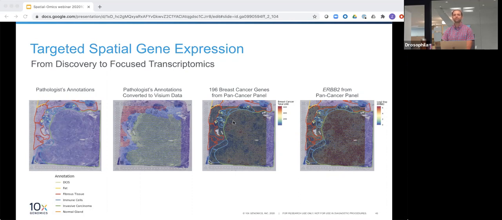And you can see that these genes are very highly expressed within this region that's been annotated as invasive carcinoma. You can take that a step further and look at this classic breast cancer marker ERBB2 and see very high gene expression again in this region that's been identified as carcinoma. All at significantly decreased sequencing depth from what you would have required before.